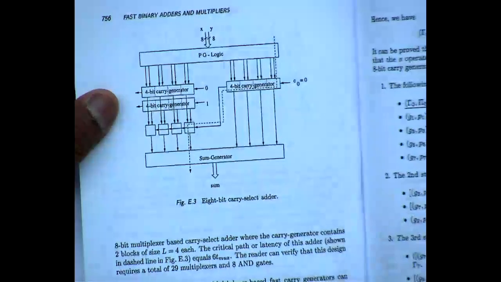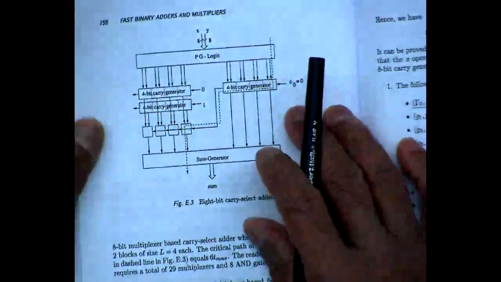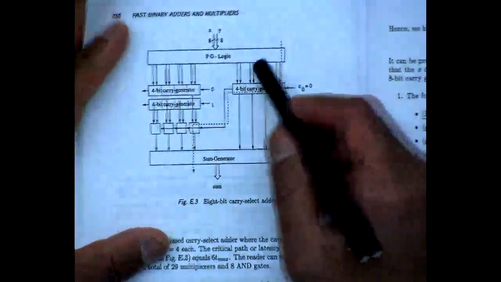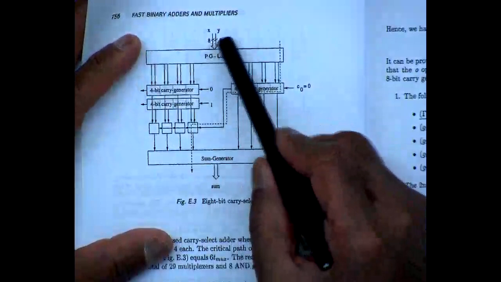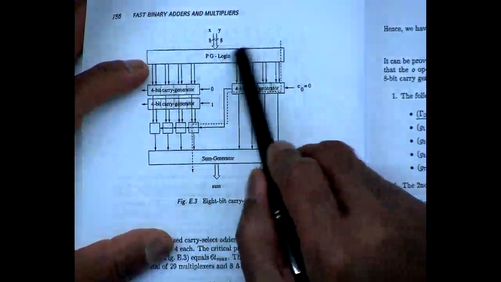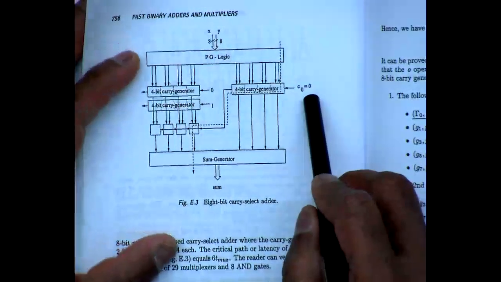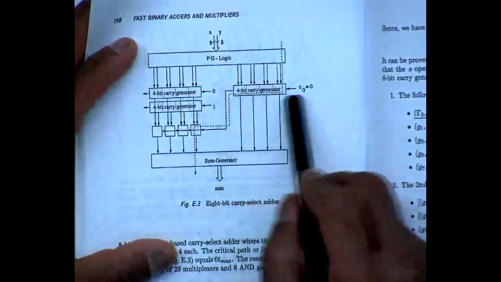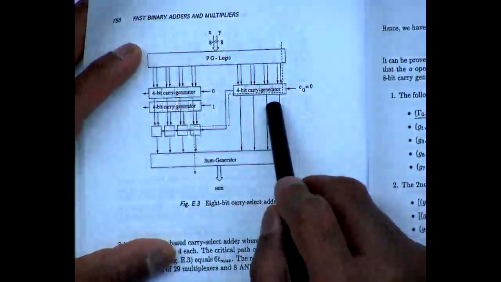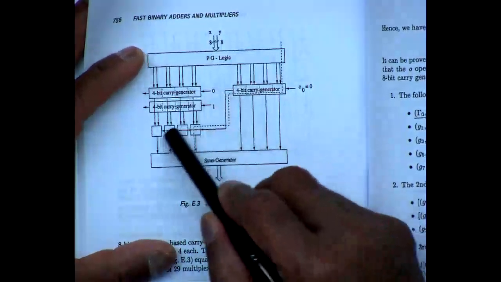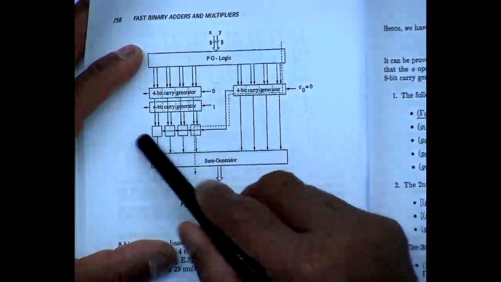So the carry select adder, PG logic. We take 8 bits of X, 8 bits of Y, PG logic, and then assuming carry input is 0, we compute the 4-bit carry generator. As soon as that carry is known, it goes through all these multiplexers.